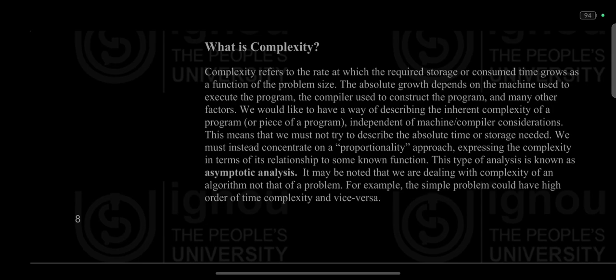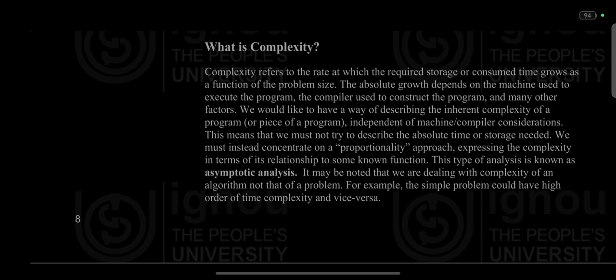We would like to have a way of describing the inherent complexity of a program or piece of a program independent of machine/compiler considerations. This means that we must not try to describe the absolute time or storage needed.